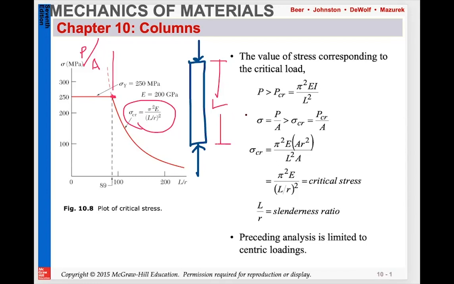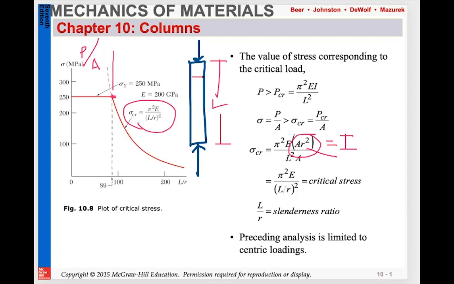And the r is not radius. From this, the moment of inertia is the area times the radius of gyration squared, so in this case it's the radius of gyration. You would take I over A and get r squared.